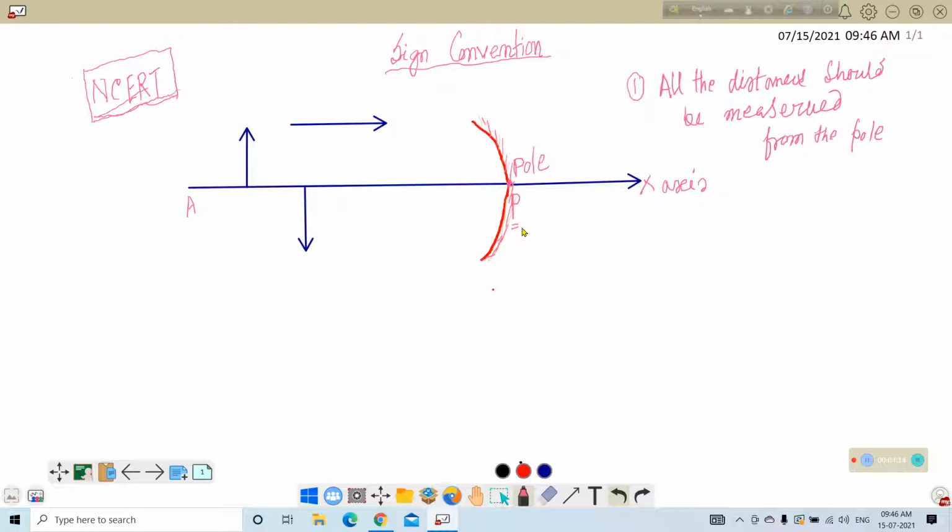Now, number two. This is the object space, the space for the object. So objects should be placed at the left side of the pole. Now we are writing the second principle: objects should be placed at the left side.